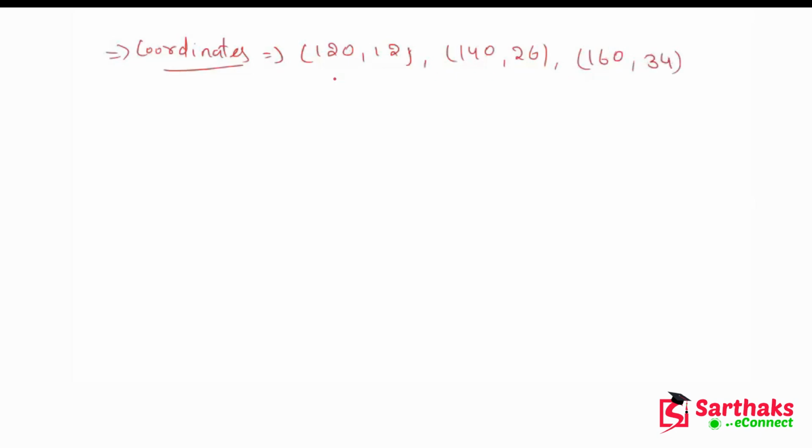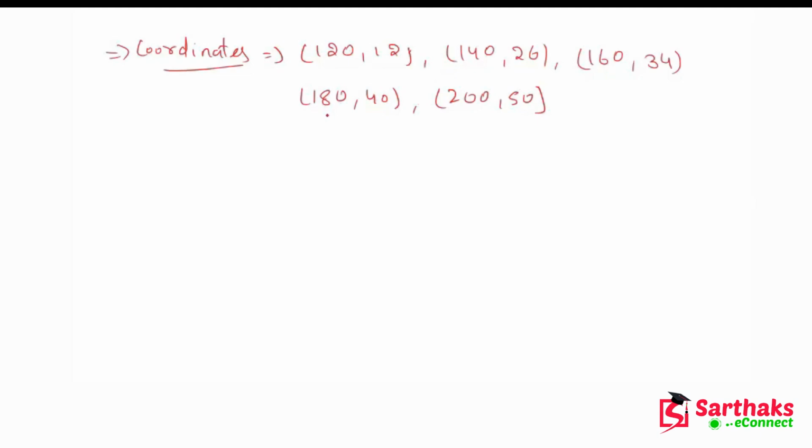Okay, so now my dear friends, we have to find the coordinates for plotting the graph. So the coordinates are like, here is 120, 12, okay, 140, 26, 160, 34, 180, 40, 200, 50.